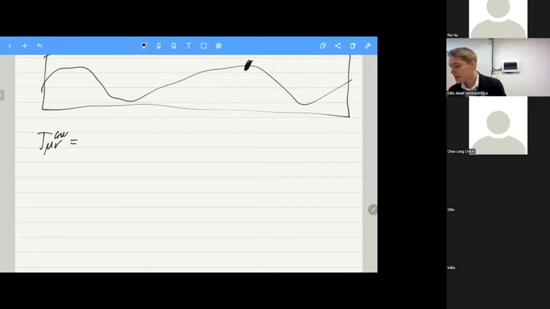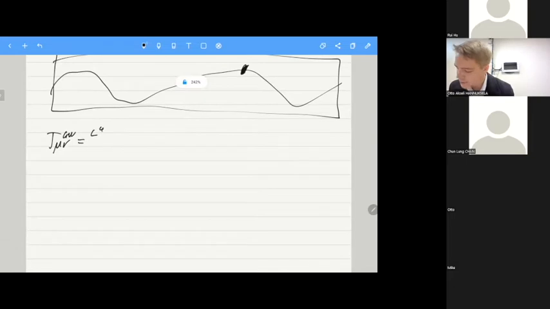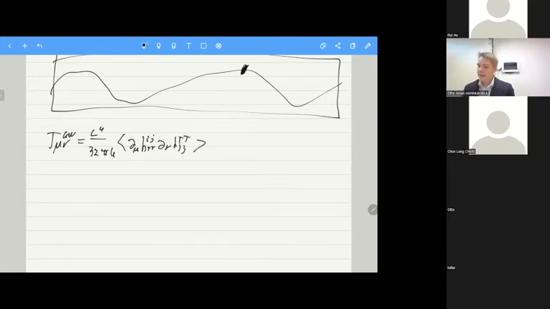So what we get for the stress energy tensor is basically c to the power of 4 over 32 pi G, in the TT gauge, and you get something like this.